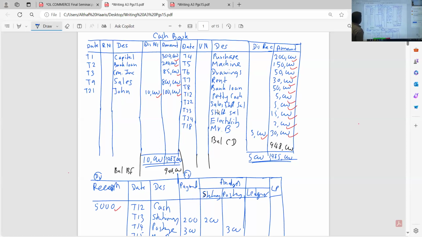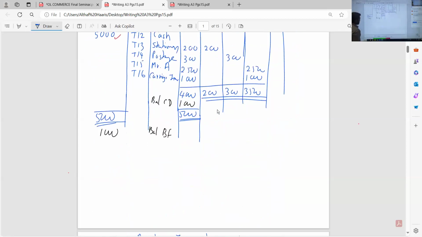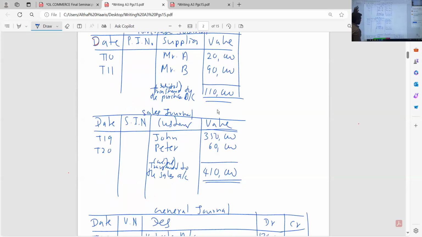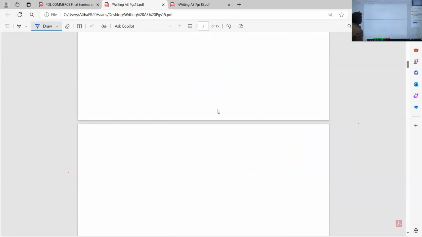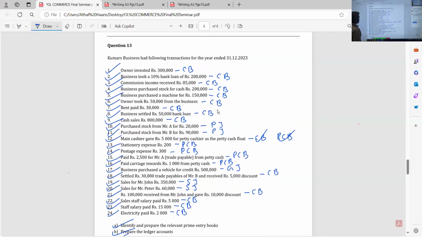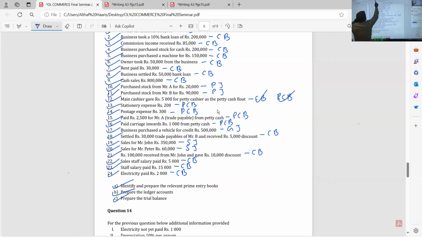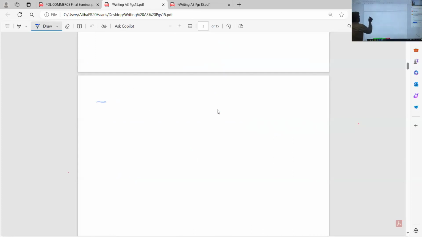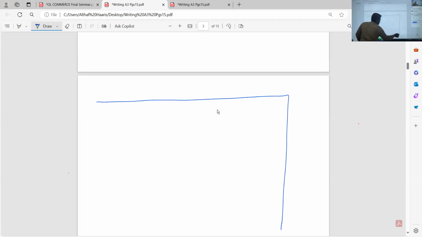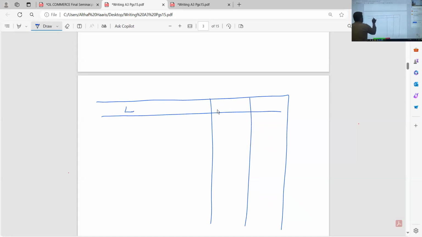Okay, now let's prepare the trial balance, people. Ledger account, debit, credit, trial balance.